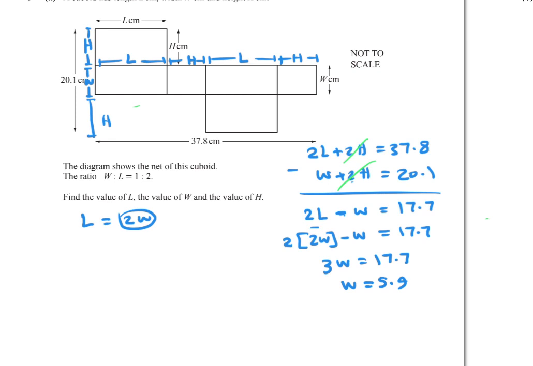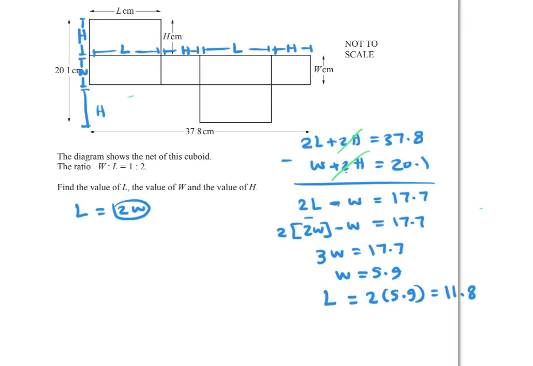Now we can find length, L. L is 2W, so 2 times 5.9 equals 11.8. Now we have length and W. To find the height, we can substitute in this equation.